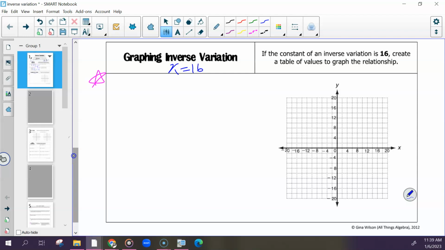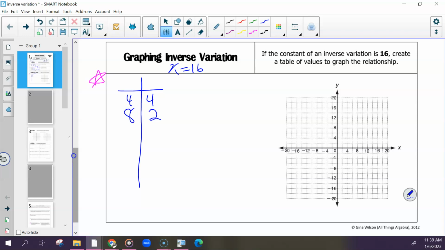To figure out how to graph this, think about what times what would give us 16. Okay, 4 times 4. What else? 8 times 2.